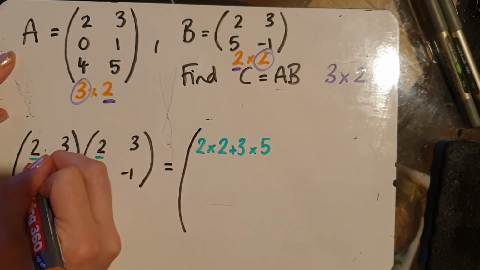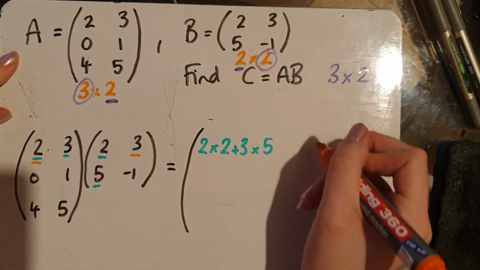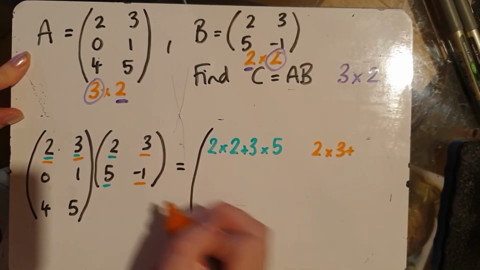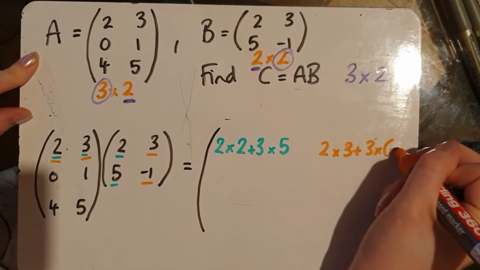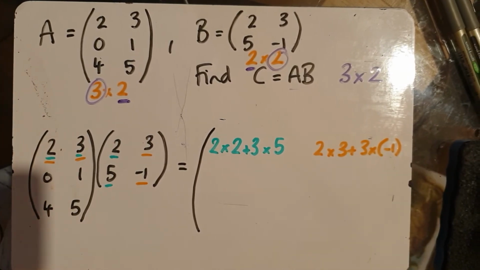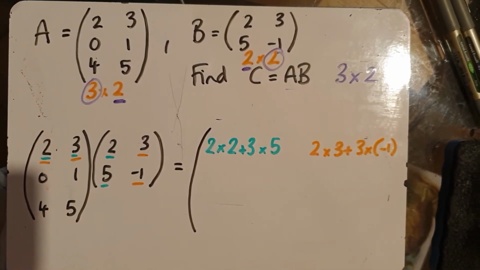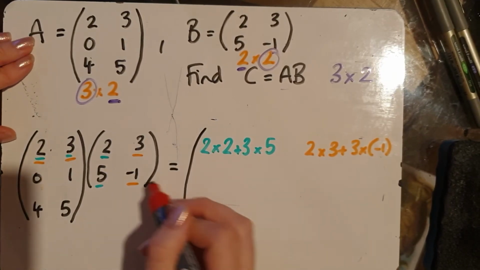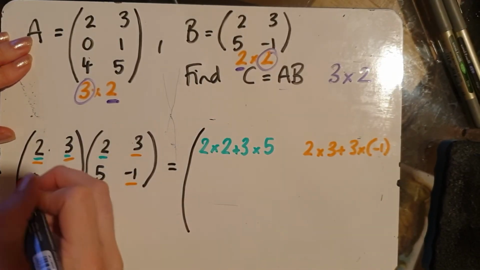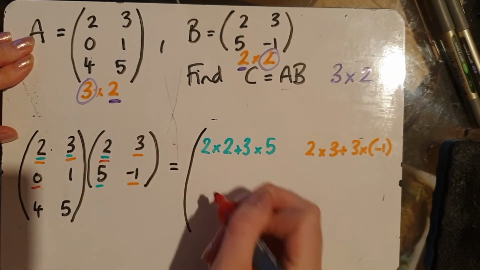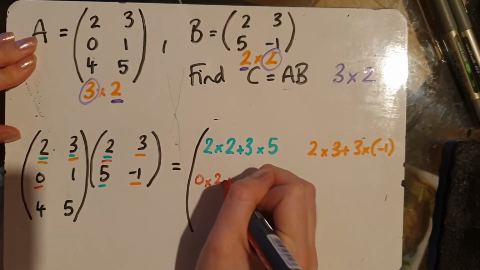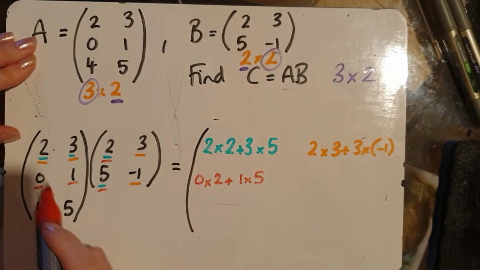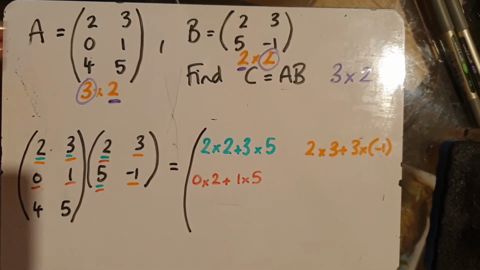I'm going to do the first row times the second column. Next one, second row now, but first column. So second row, first column. Naught times 2 plus 1 times 5.